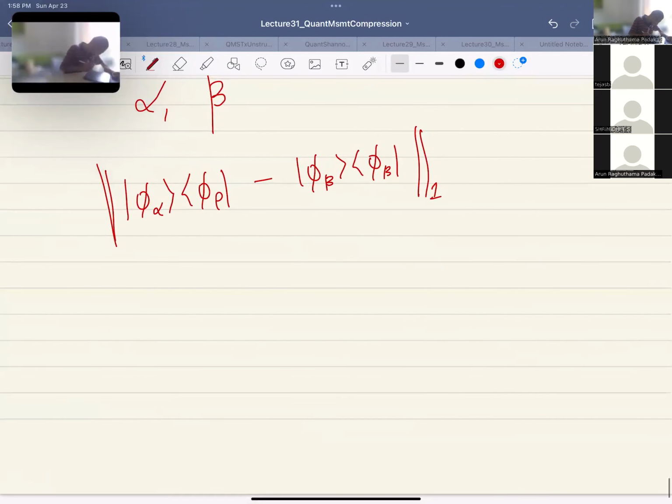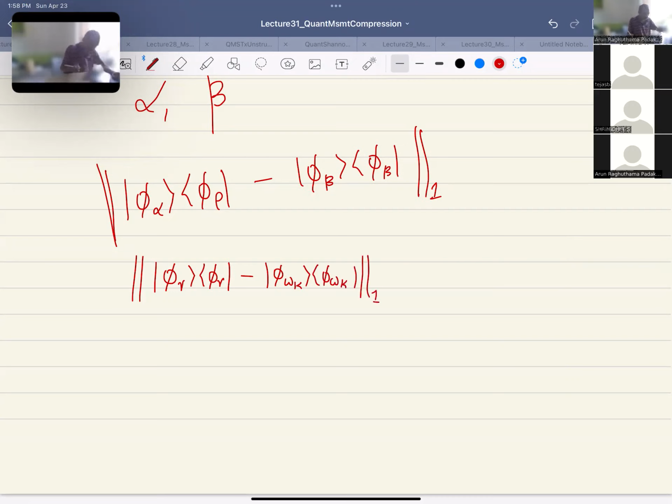I have to be careful here, but essentially what I showed was that phi gamma minus phi omega k is obviously not less than or equal to the distance, but it is less than or equal to the fourth root of the distance, if you choose your purifications correctly. This happens to be true.